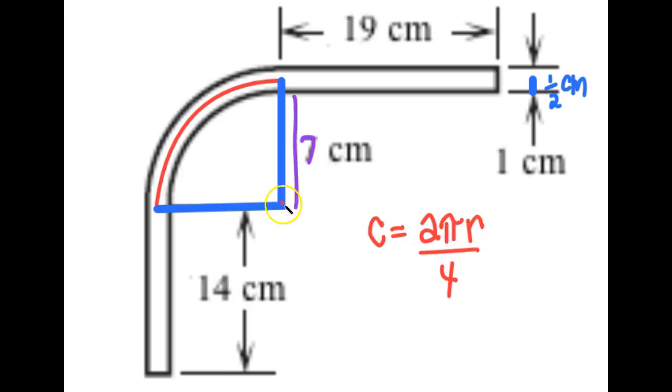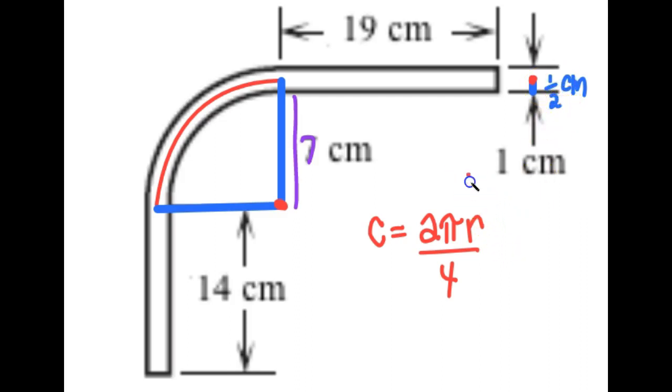From the center, we can imagine this point being the center of the circle to the edge of the circle. If we go to the red line, it's not just 7. It's 7 plus a little bit more. So they give us this distance over here. They tell us that the width of the pipe is 1 centimeter. So if we just want half of where it's going to the center of the pipe, then the radius of just the pipe itself is going to be 1/2 of a centimeter.